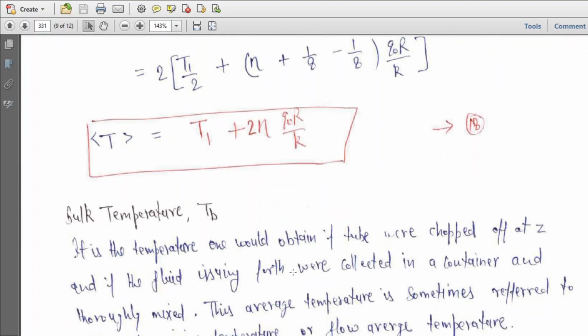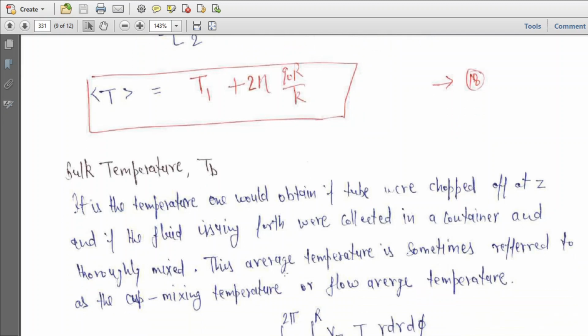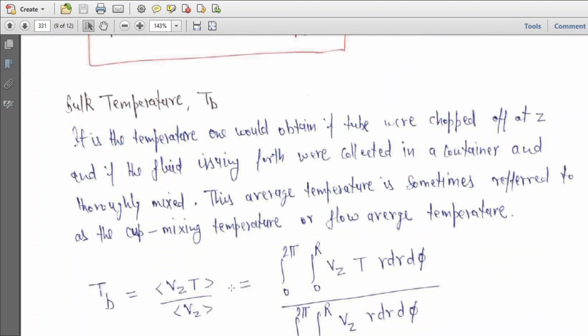Now bulk temperature T_B, it is the temperature one would obtain if the tube was choked off at Z, and the fluid issuing forth were collected in a container and thoroughly mixed. This average temperature is sometimes referred to as cup mixing temperature or flow average temperature.